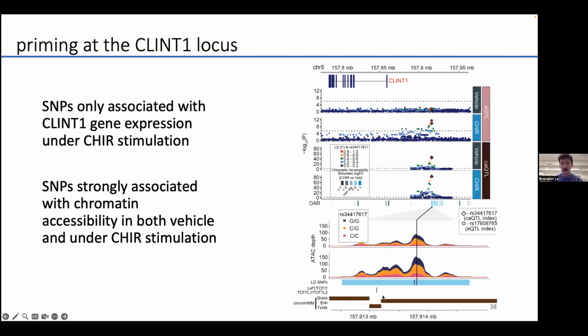We can look at annotations within this peak as well, and notice that there are Wnt-sensitive transcription factor binding sites within it. Again, these TCF7 binding sites are present in this peak.